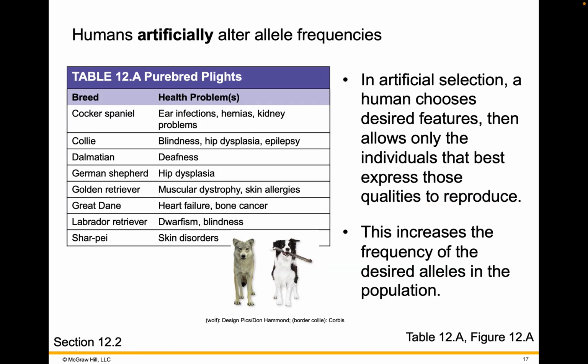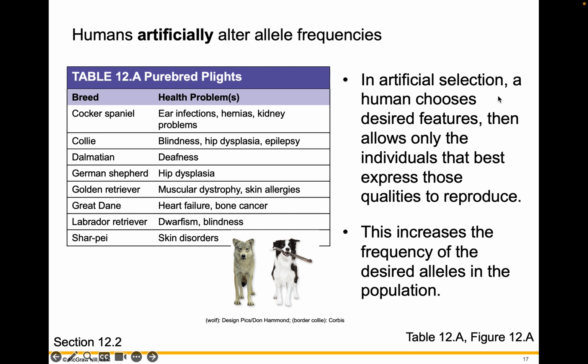Humans artificially alter allele frequencies all the time. We do it with dogs. Specifically, we choose to breed dogs with the traits we like together, and eventually those develop into specific dog breeds. However, when you breed for specific traits, often what happens is we develop a byproduct where problems are also more common in those breeds because we've been hyper-focused on certain traits.